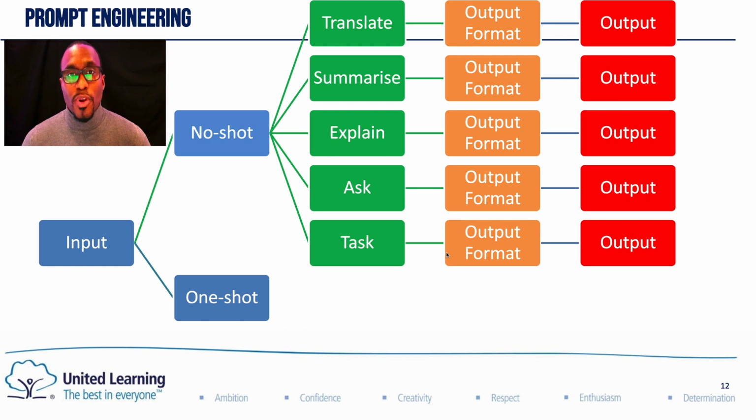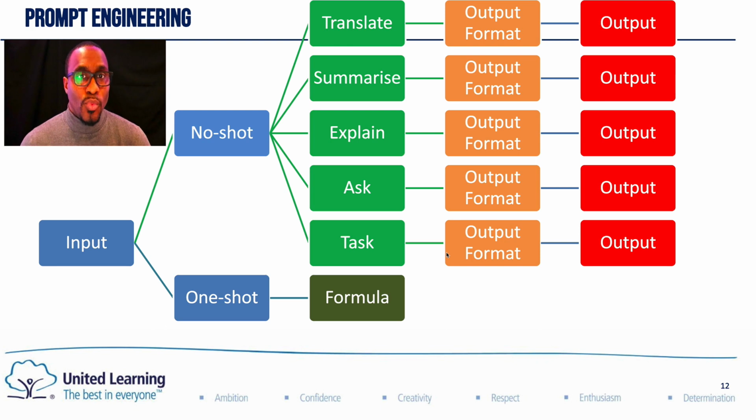In one-shot prompt engineering, you would have provided it with a specific source of information. As an example, you would tell the AI, if y equals x, what would y equal if x were b? That would be the training that the large language model would use in order to produce the subsequent outputs.